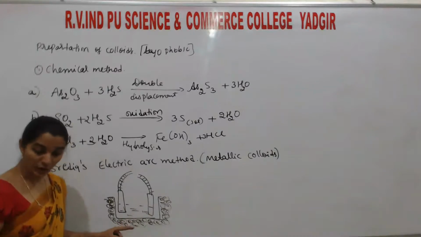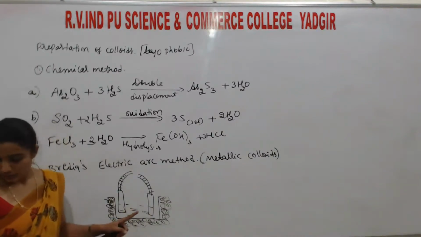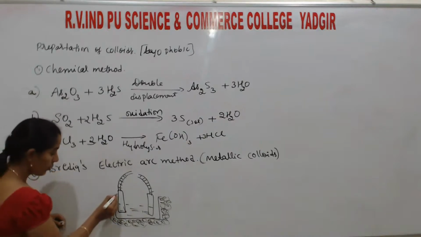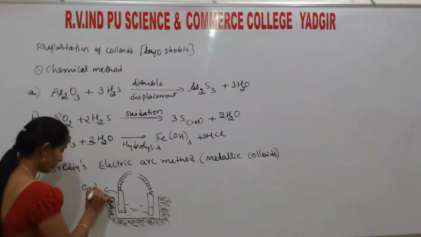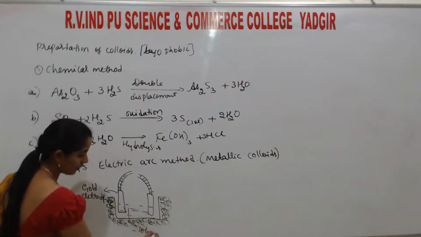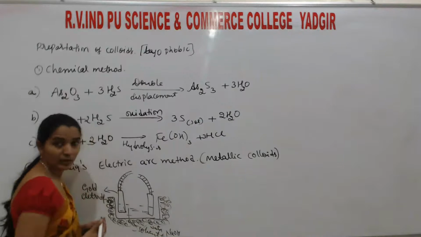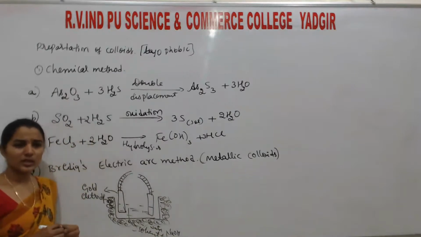Electrolyte is there, that is solvent. For example, these are gold electrodes. This is solvent plus alkali, water plus NaOH or KOH.